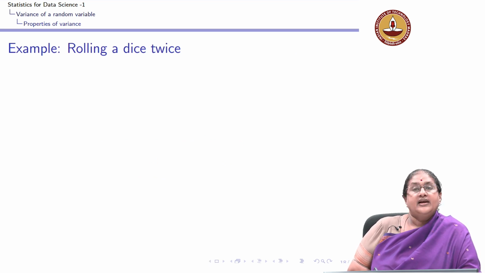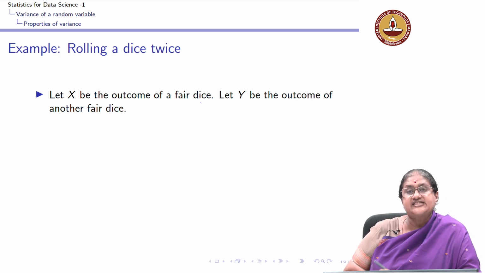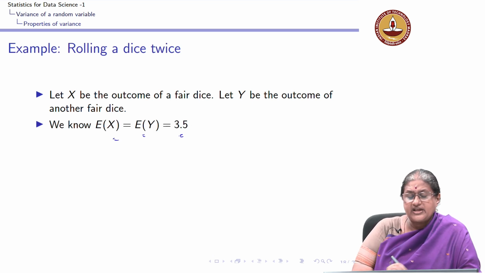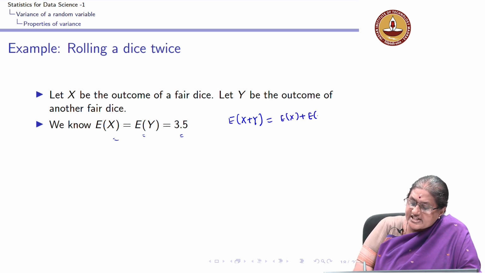Again, let's look at rolling a die twice. Again, X is the outcome of the first fair die and Y is the outcome of the second fair die. Now, I know that expectation of X equals expectation of Y equals 3.5, and we also verified that expectation of X plus Y is expectation of X plus expectation of Y, which is equal to 7.